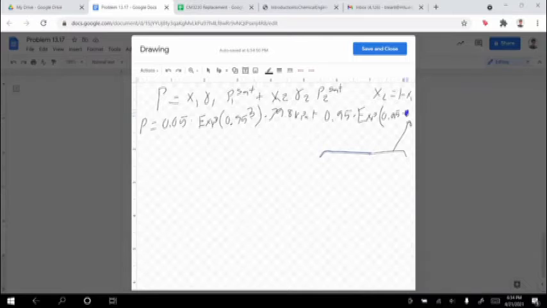So ignore the 0 up here. So minus 0.05 squared. And then we're going to close the parentheses on the exponential there. And multiply by our other saturated pressure, which is 40.5 kilopascals.